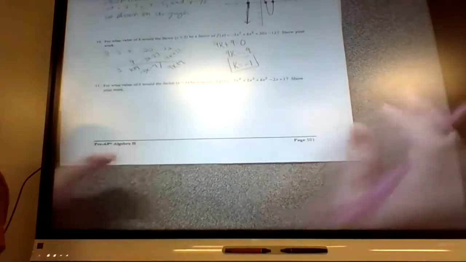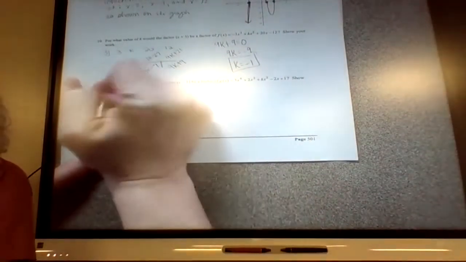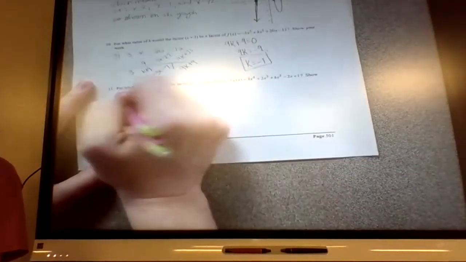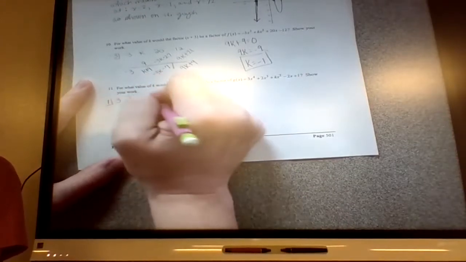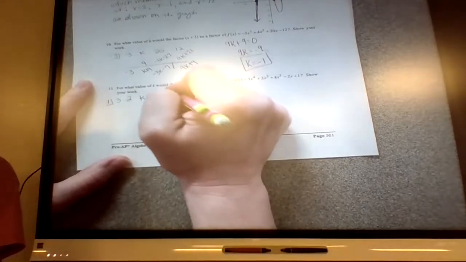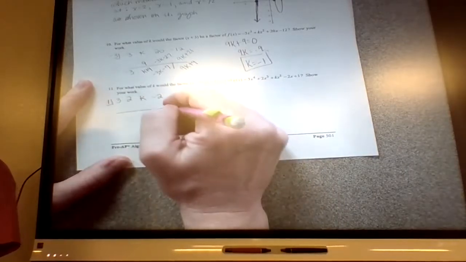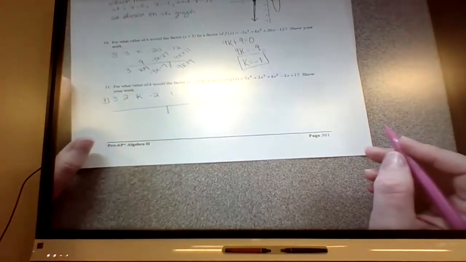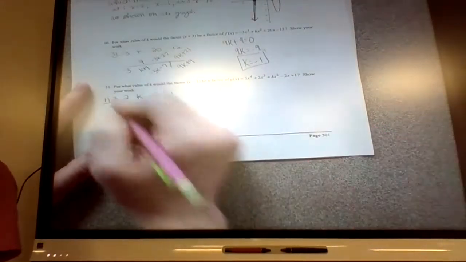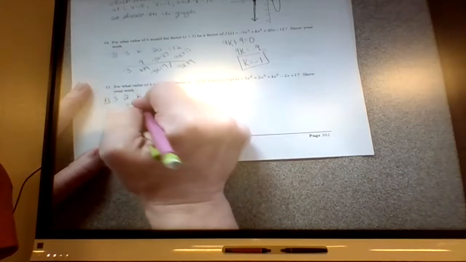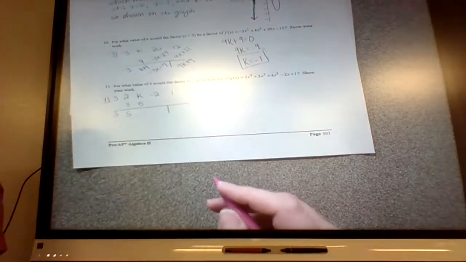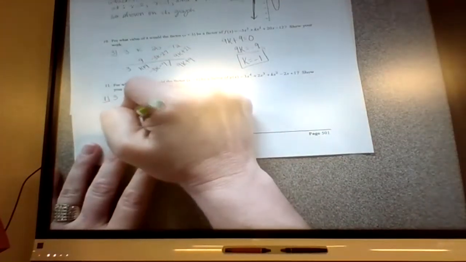Okay, let's do this last one. And that's going to be 3, 2k, -2, 1. So bring my 3 down. It's 5. Now right here is where you start having an expression. That's going to be k plus 5.